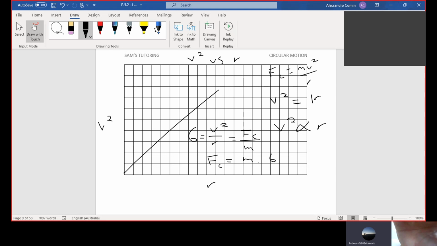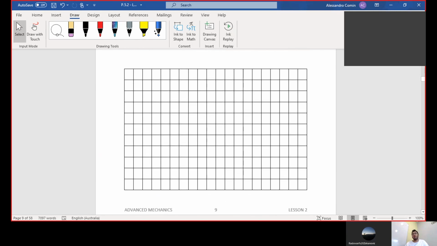All right. So we'll do one more. I'll give this one to you, and you can tell me the logic behind it. Right. So let's say I already know what the centripetal force is. I've measured it in newtons somehow. And I measured the radius of the object. How would I find the mass?